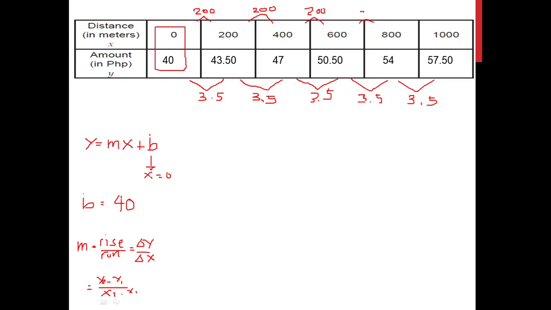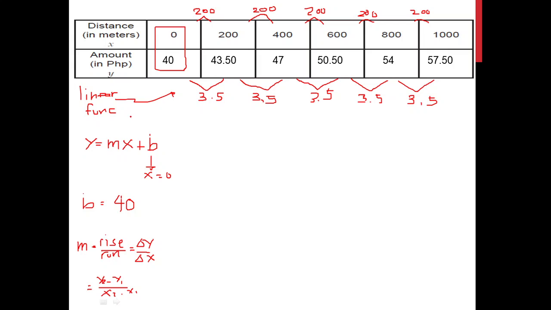Same as this one, 200. 800 minus 600, 1000 minus 800 is 200. Therefore, if we come up with a common difference when we subtract a term by its preceding term, then this is a linear function. Okay? Linear function.